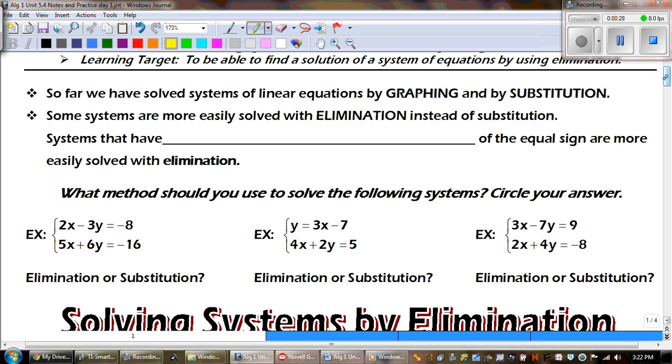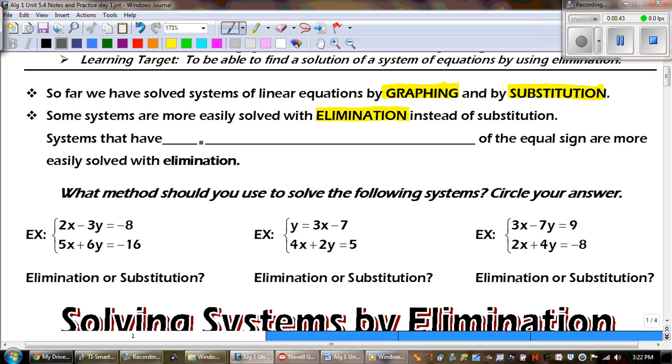So far, we have solved systems of linear equations by graphing and substitution. So you've learned two so far. Some systems are more easily solved with elimination instead of substitution.